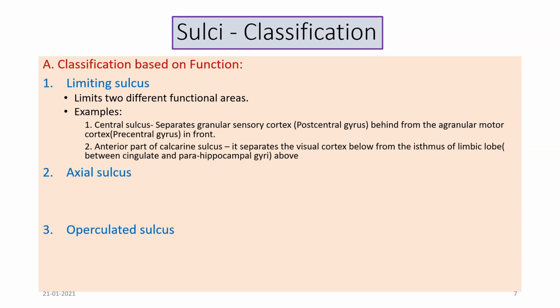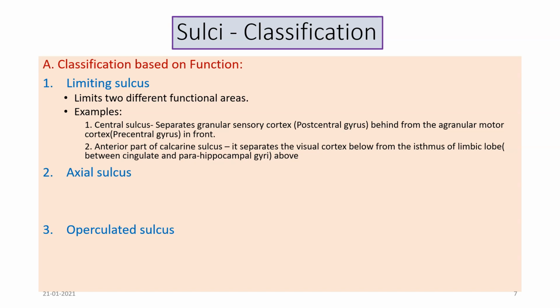So the anterior part of calcarine sulcus is separating the visual cortex from the isthmus of limbic lobe, which is placed between the cingulate and parahippocampal gyri.